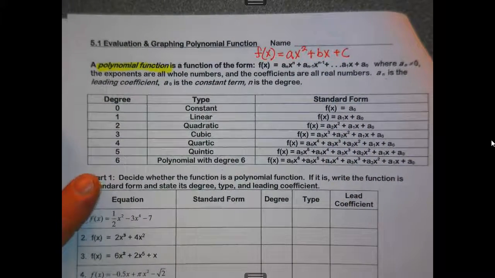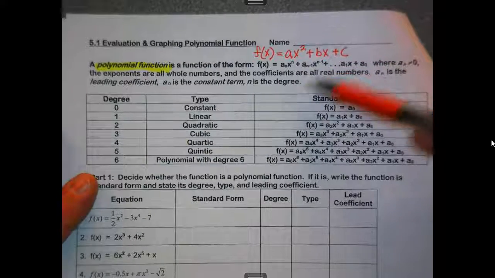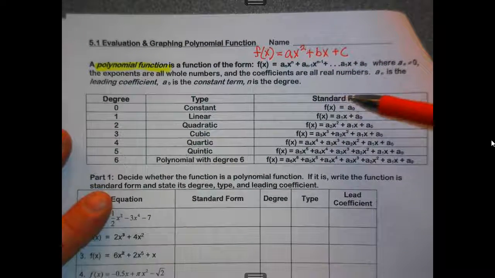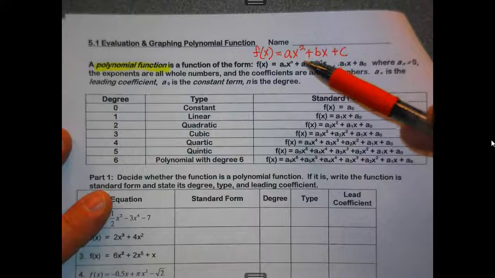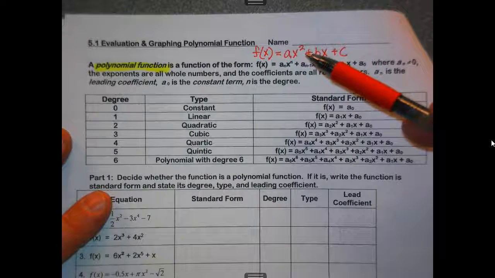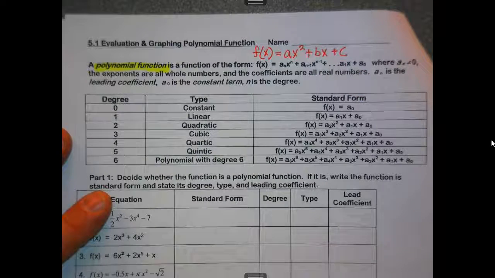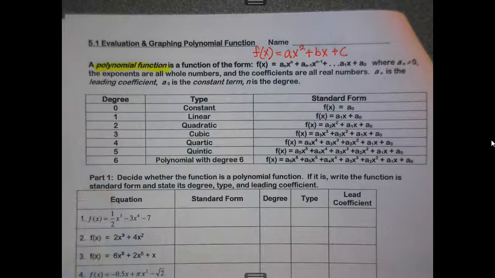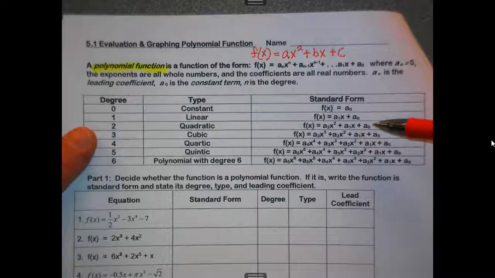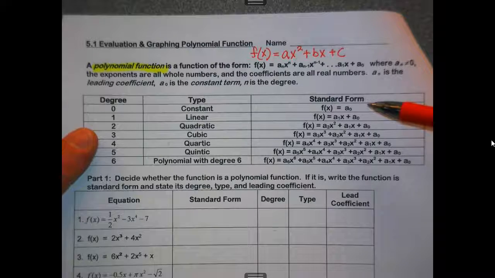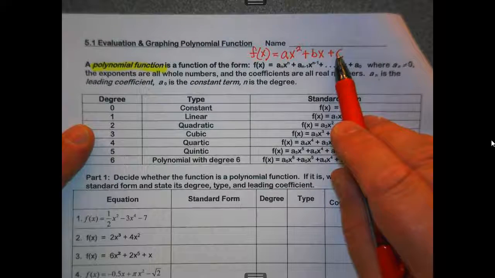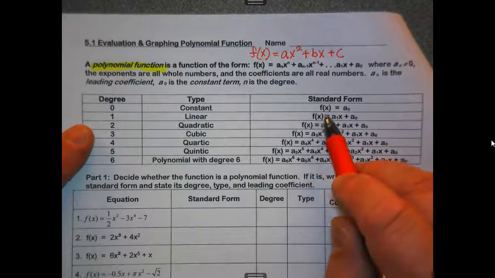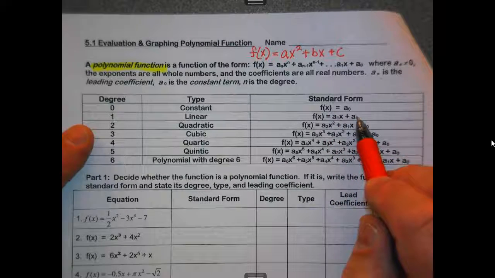All of this mathematical terminology is just the coefficients of our x's and our x's themselves. So if you look at the chart here, our constant term, like our c in the quadratic one, is f of x equals a sub 0.